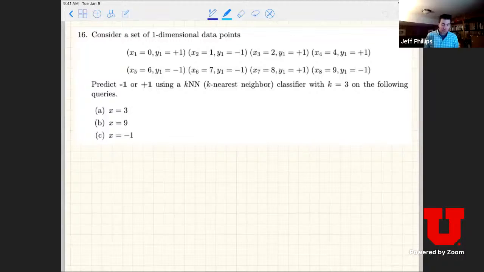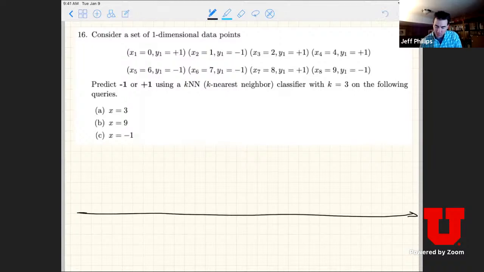Okay, the final question, another classification question. This one asks about k-nearest neighbors, one of these other classifiers I talked about. Here I'm giving you one-dimensional data, and there's no picture, but you should draw a picture here. Let me draw. It's a one-dimensional question, so R1, I try to keep it simple.